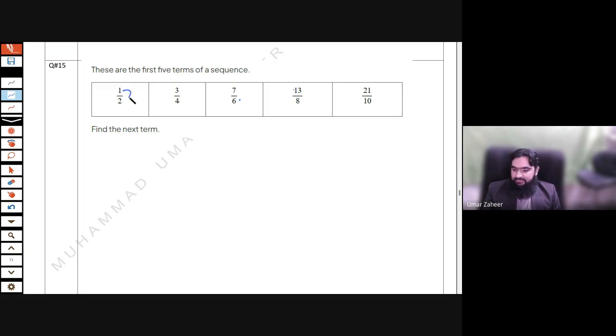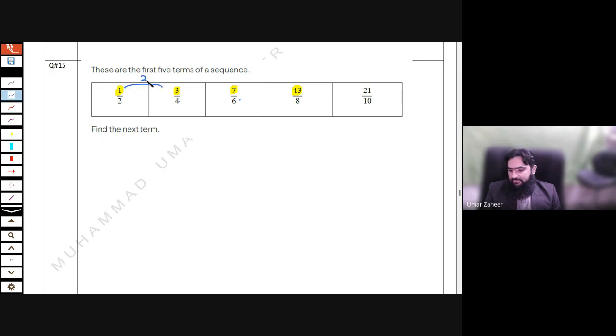Can you see it? Or in other words, if you just look at the denominator, it is 1, 3, 7, 13.